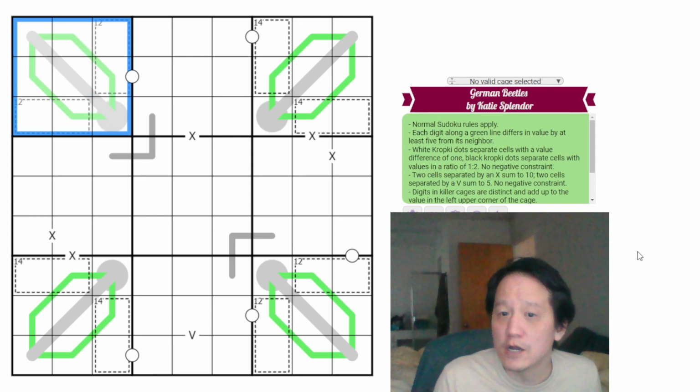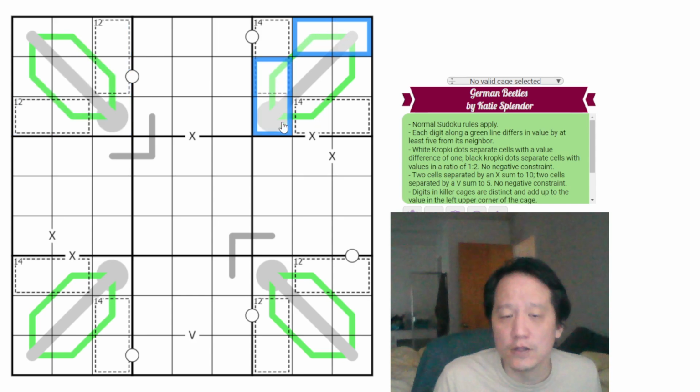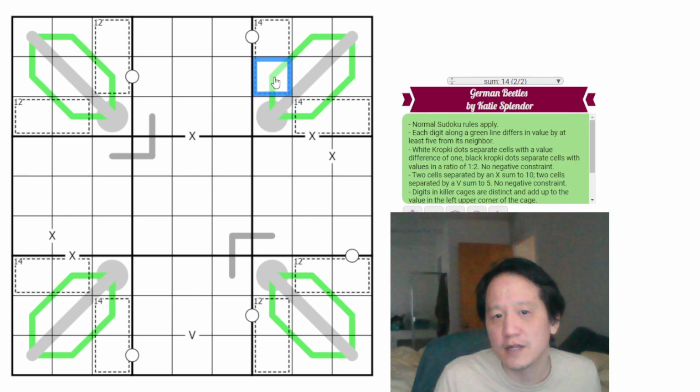Each digit along a green line differs in value by at least 5 from its neighbors. So along this line, which we usually call German whisper lines, that means each consecutive digit has to be at least 5 away from its neighbors.